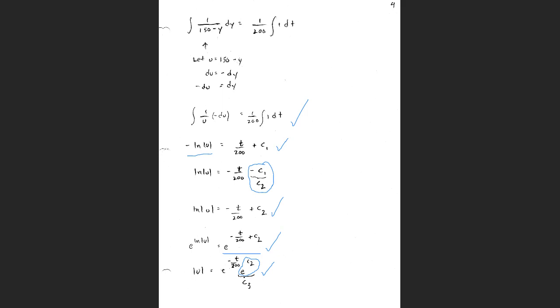Are there any questions up to this stage? Yeah, how did we get the t over 200? The integral of 1 dt is equal to t plus a constant.